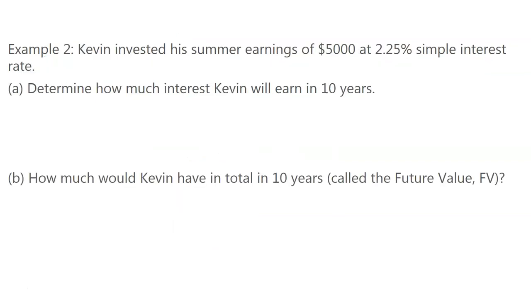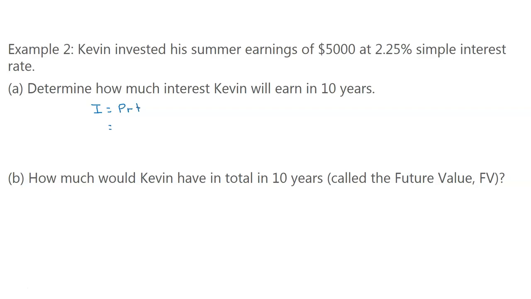Now in example 2, Kevin invested his summer earnings of $5,000 at a 2.25% simple interest rate. Determine how much interest Kevin will earn in 10 years. So we'll start by writing out the formula. I equals PRT.